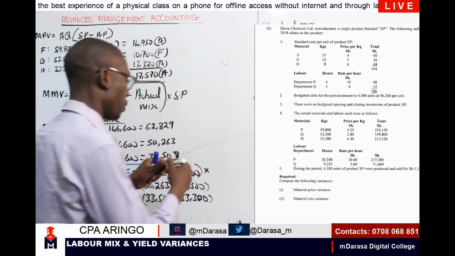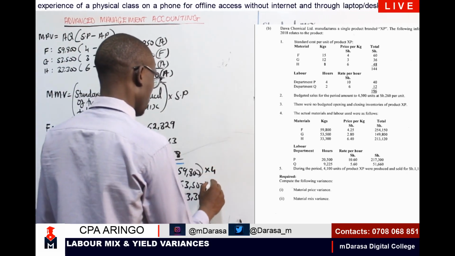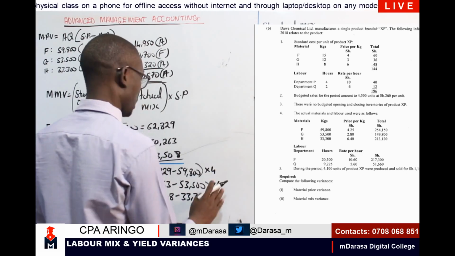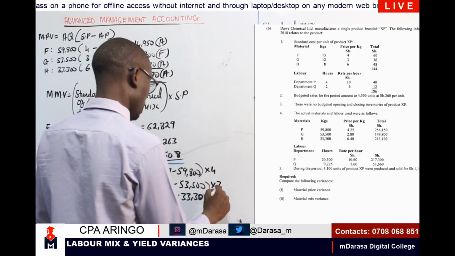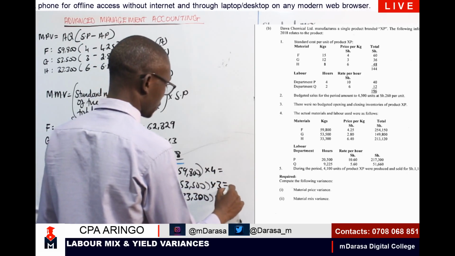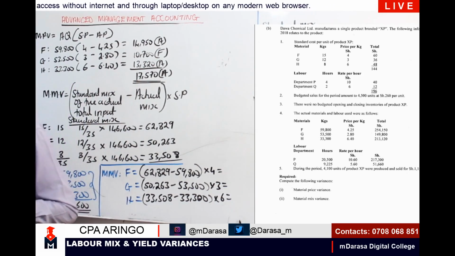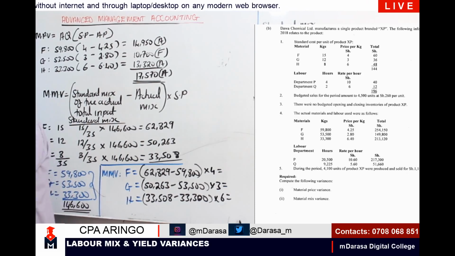So I multiply by 4, by 3, and by 6. That should give us our variances.